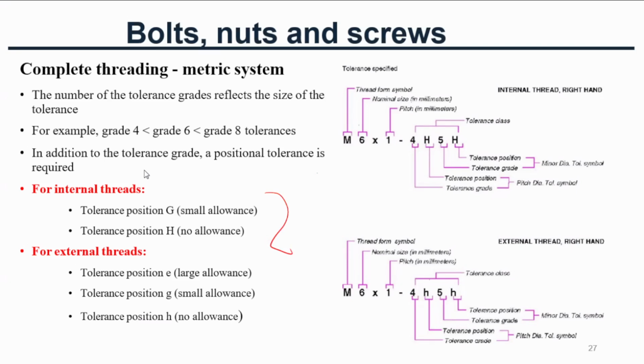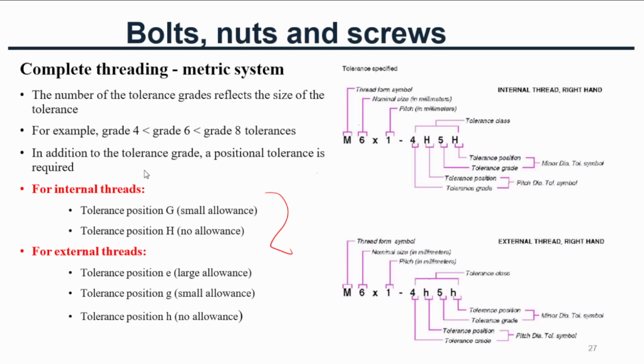H means no allowance. Capital H means no allowance, no clearance. It may fit tightly. If it needs to mate tightly, we take position H. If we take G, there is a small allowance.